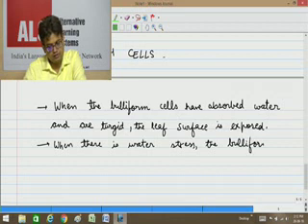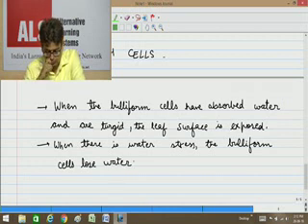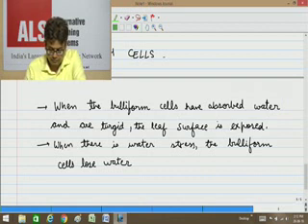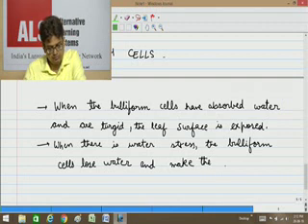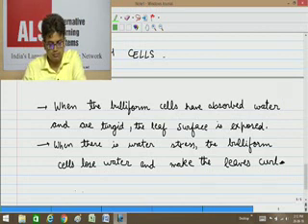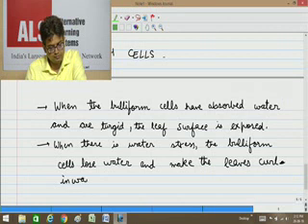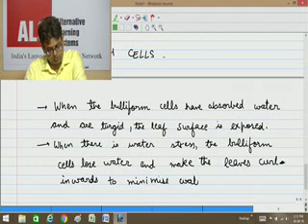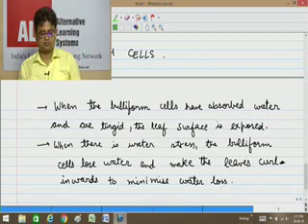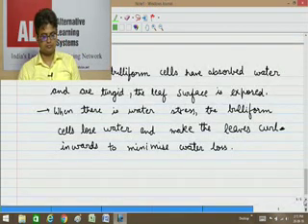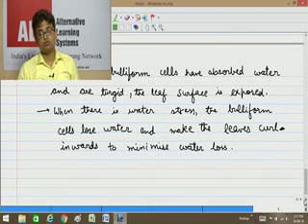The bulliform cells lose water and make the leaves curl inwards to minimize water loss. Okay, to minimize the water loss.